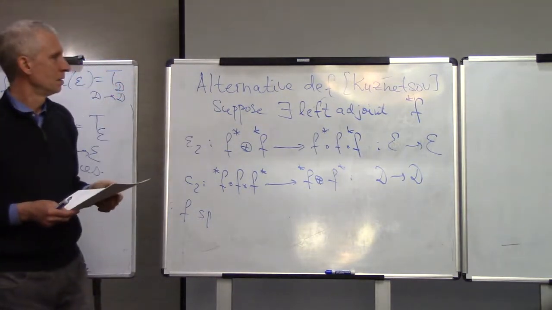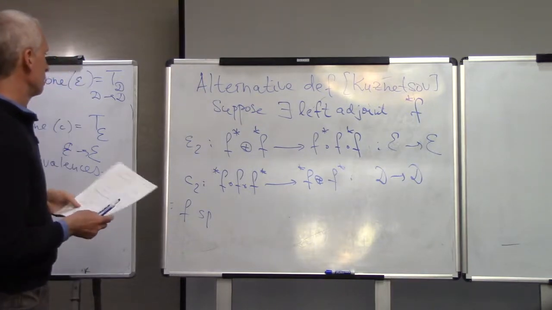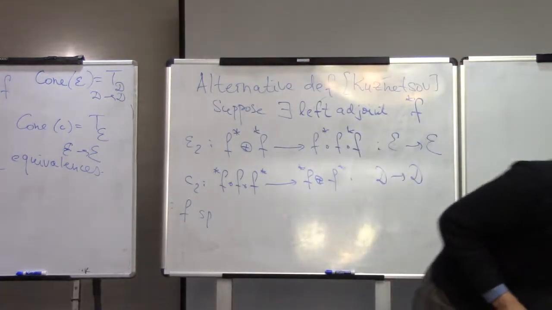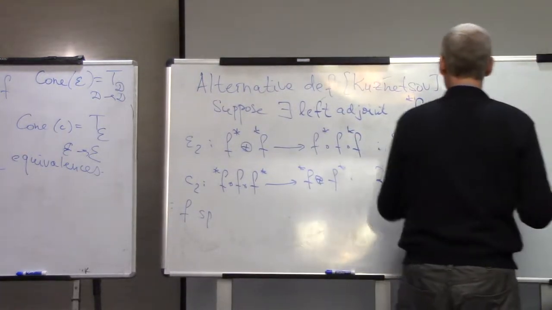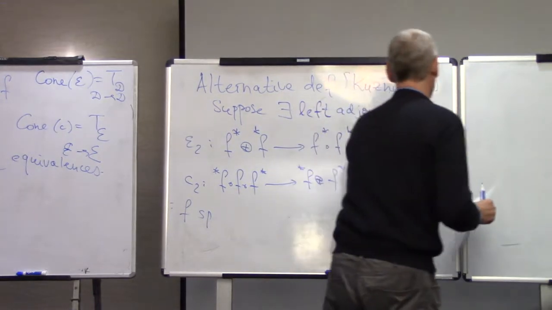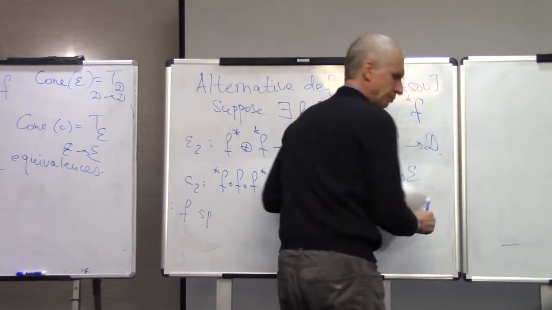How does it go to E? Sorry, E to D, from E to D and from D to E. Yes, I apologize. From D to E.